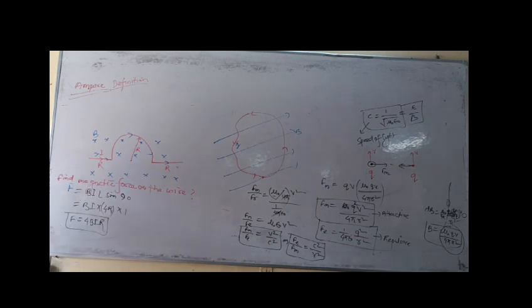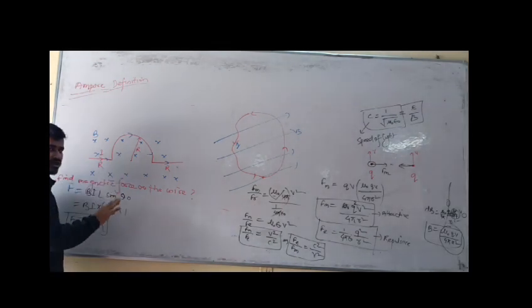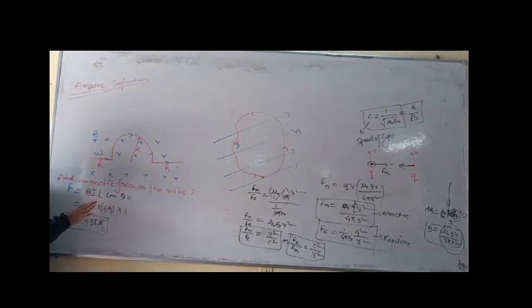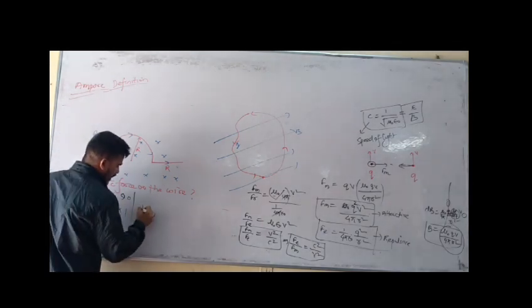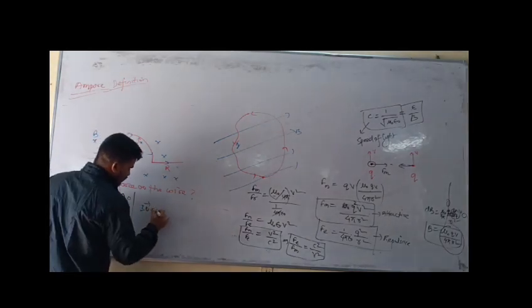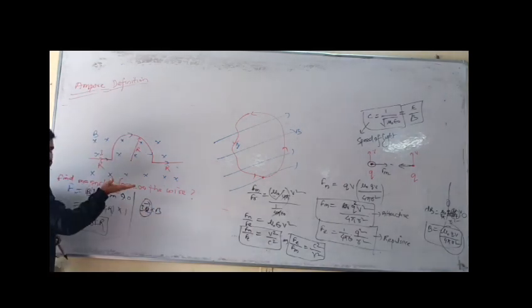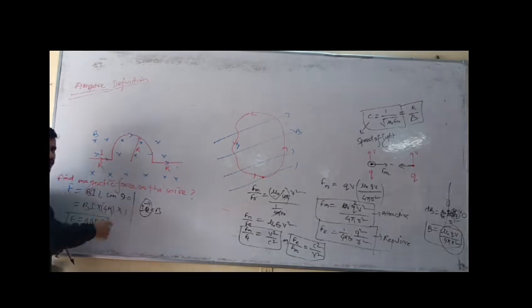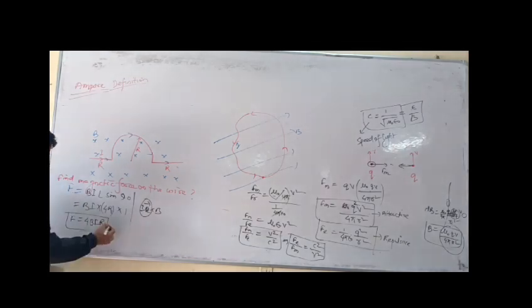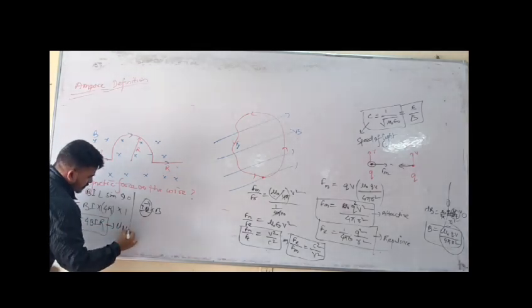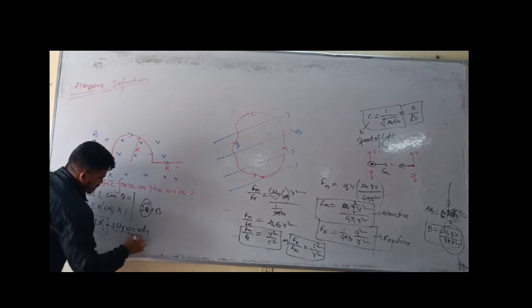It is not away from the plane. It is upward to the plane. Imagine IL cross B. What is this formula? IL cross B. I will take IL first. B is inside. I will curl the finger in this way. Means upward. Clear? Upward is the direction.